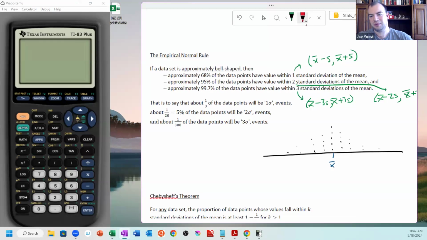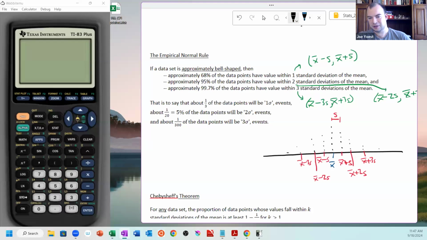So I'm going to represent standard deviation by this. So this might be x bar plus s. This might be x bar plus 2s. And this might be x bar plus 3s. This might be x bar minus s, x bar minus 2s, and x bar minus 3s, let's say.